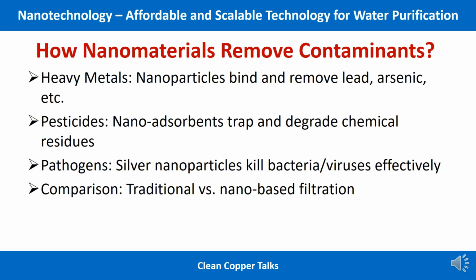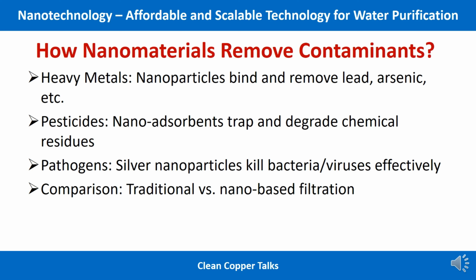Filtration means it will not allow that particular contaminant to pass through the membrane, and photocatalysis works by producing hydroxyl radicals or superoxides which will oxidize the contaminants adsorbed over the surface of that nanomaterial. In this way, a nanomaterial can remove contaminants such as lead, arsenic, pesticides, antibiotics, pharmaceuticals, personal care products, and pathogens from drinking water.